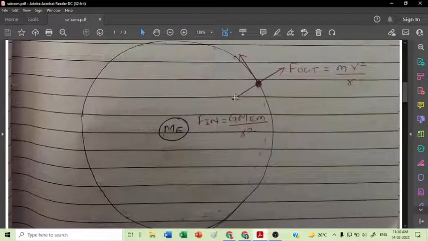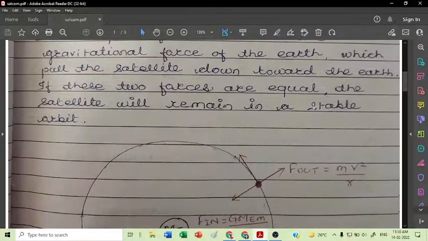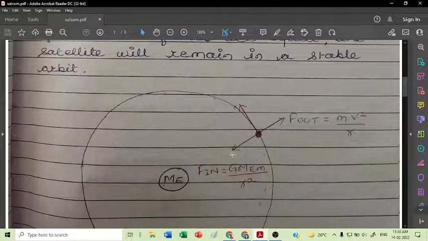Now F in and F out, these two forces are acting on this satellite. F in is due to the gravitational force of the earth, and F out is due to the centrifugal force, and F in is due to the centripetal force.